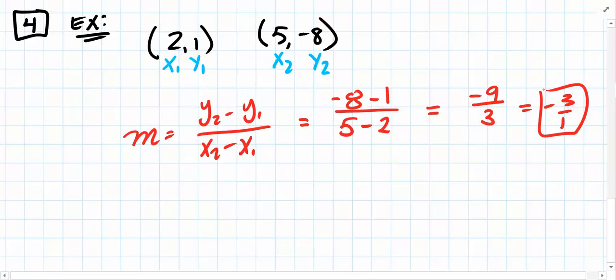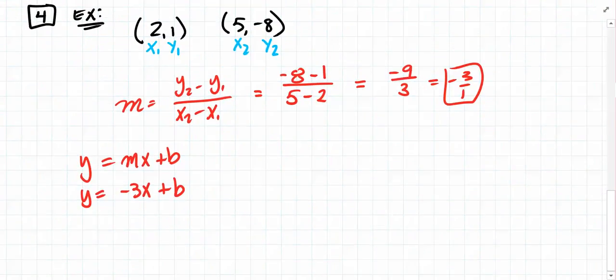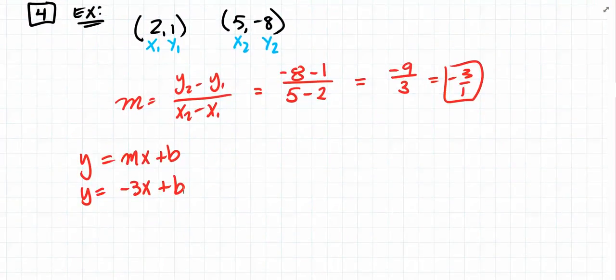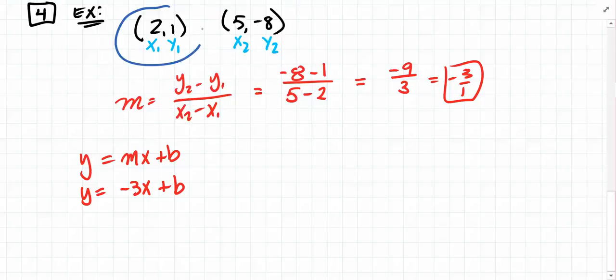Okay, we're doing well so far. So I'm going to do this. Y is equal to mx plus b. Y is equal to negative 3x plus b. Okay, now that I get to here, I don't have a y-intercept. How do I get it? I plug in any one of the points that we want. Which one do you guys want to plug in? 2, 1. Okay, it doesn't matter. You can use either point. You'll get the same answer because the points are both on the same line.